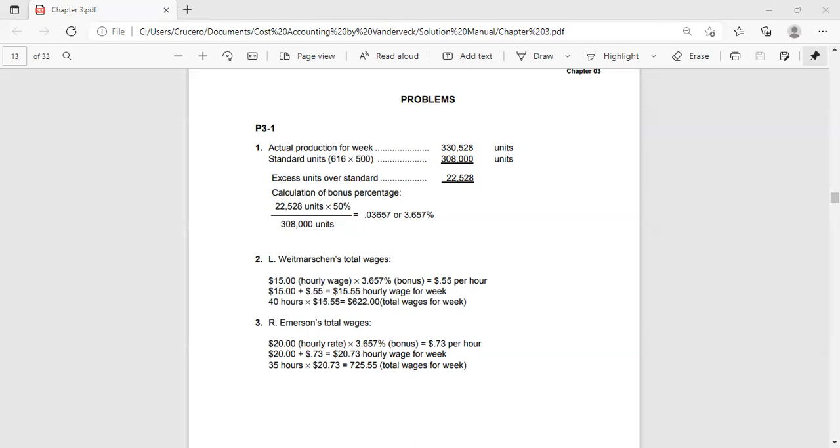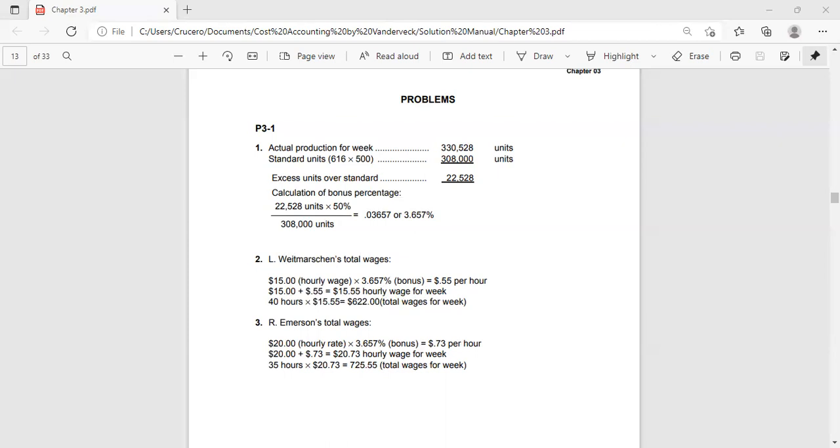So that's multiplying, and after that we have to show the rate of Whitmartian's total wages now for the week, and the hourly rate is 15.55.